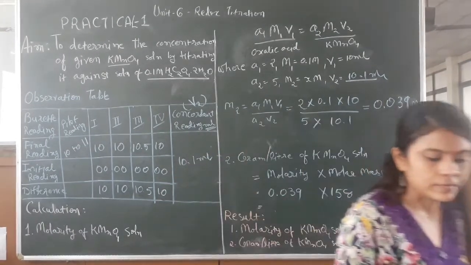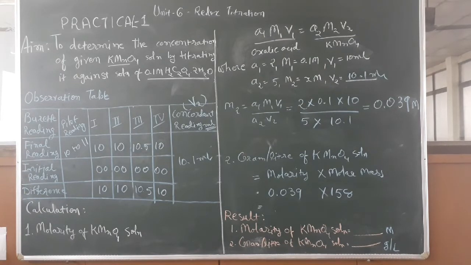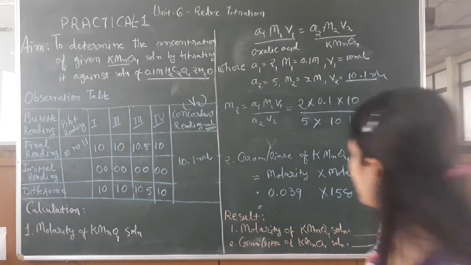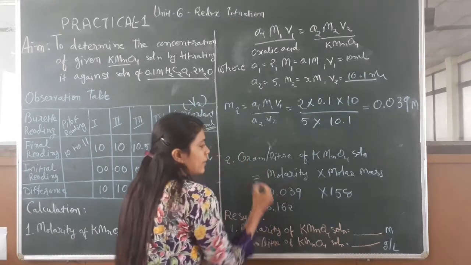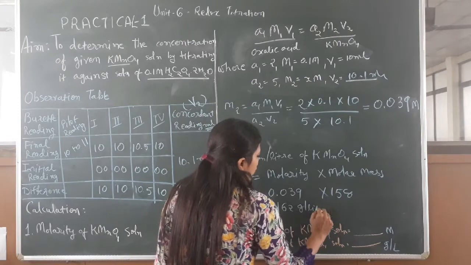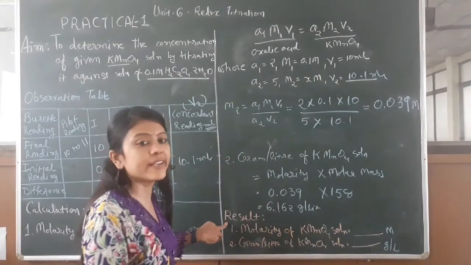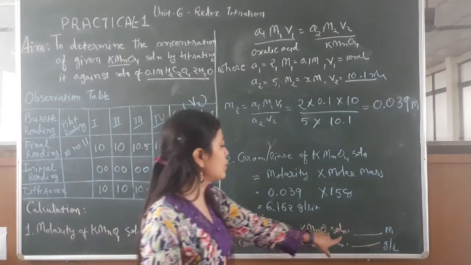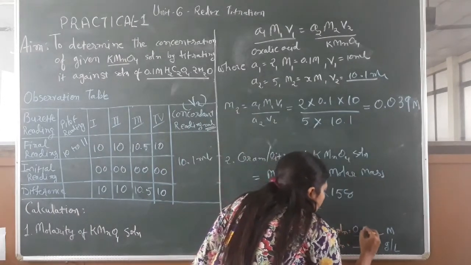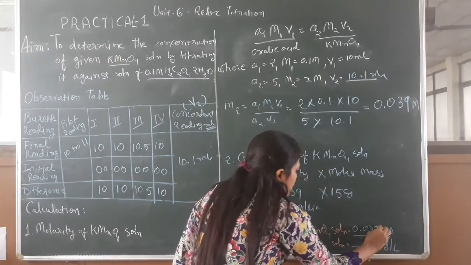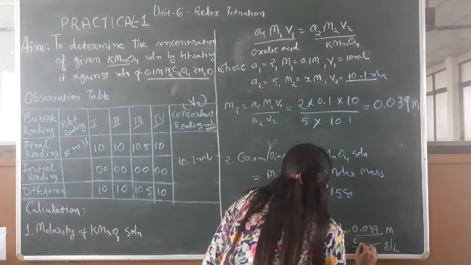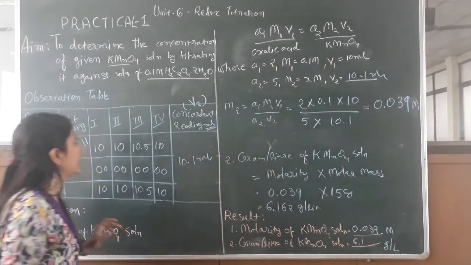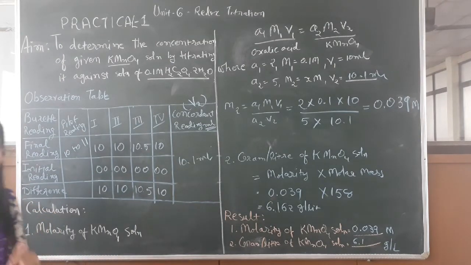After calculating, the answer is in gram per liter. Don't forget to write the unit. Then the result: molarity of KMnO4 solution is 0.039 molar. Then gram per liter of KMnO4 solution is 6.1 gram per liter. Here the calculation for practical 1 is completed.